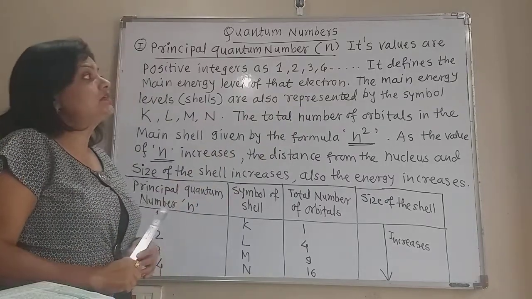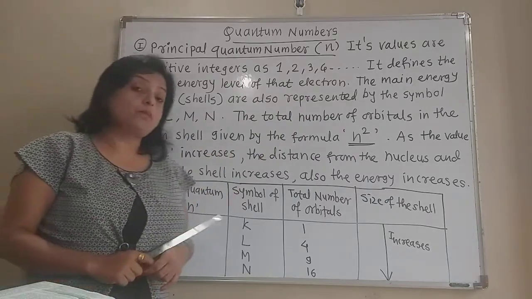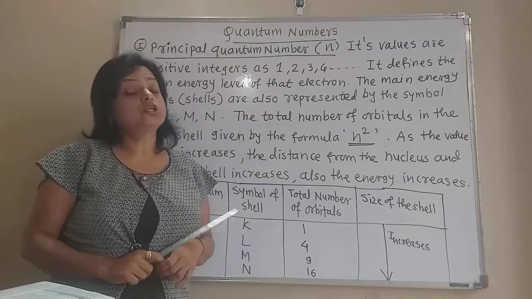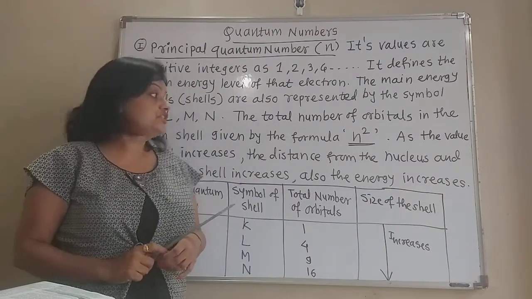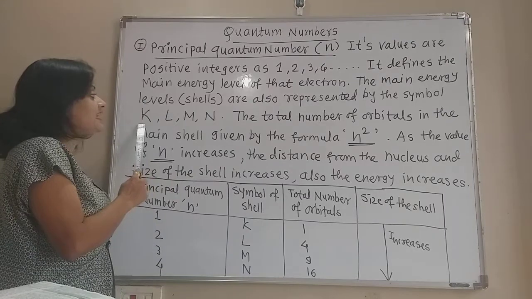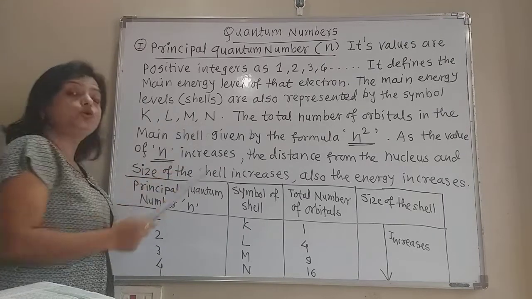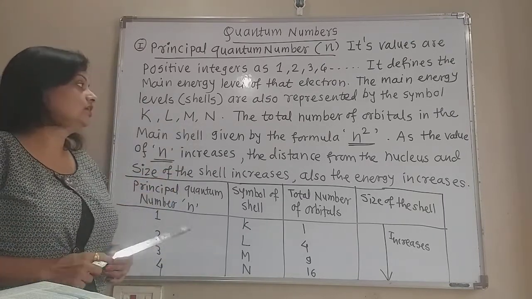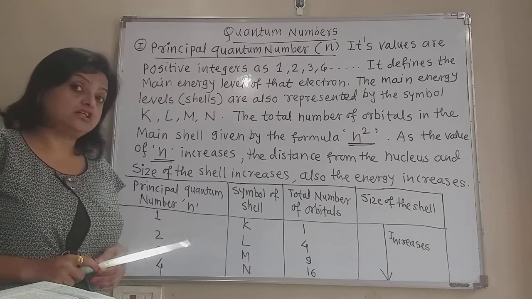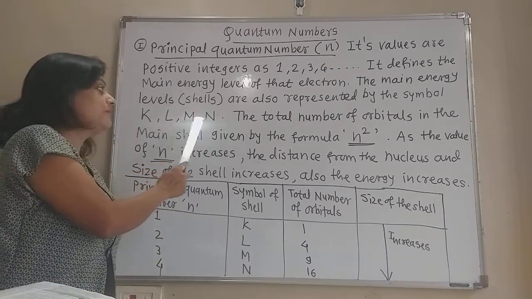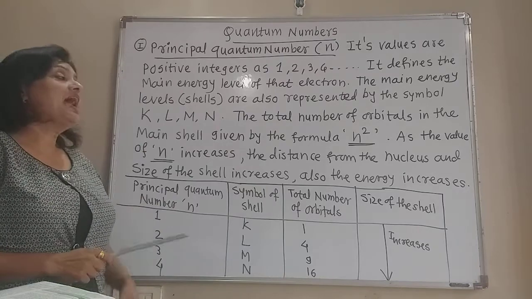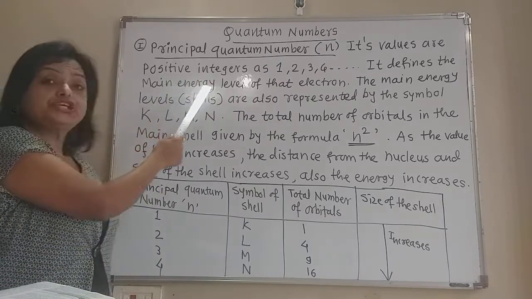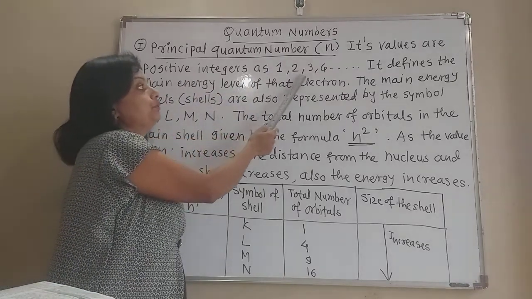These main energy levels are also denoted by the symbols K, L, M, N. You know, in the 10th standard, the main energy levels are also called K, L, M, N, O, P in this way, and they have the positive integer values 1, 2, 3, 4.